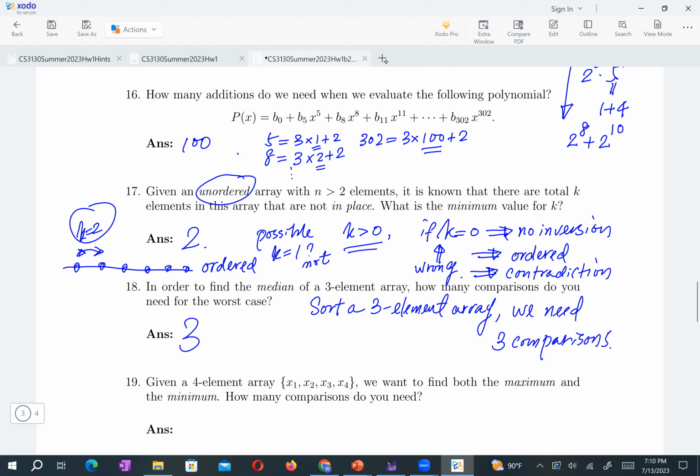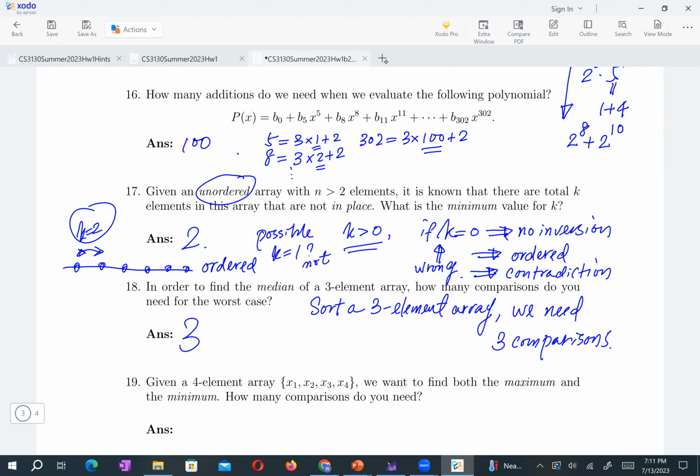Here, finding the median, for the worst case, you cannot use 2. If you do 2 comparisons, for the worst case, you cannot find the median. If you use 3 comparisons, you already get it sorted. Then the one in the middle is the median.